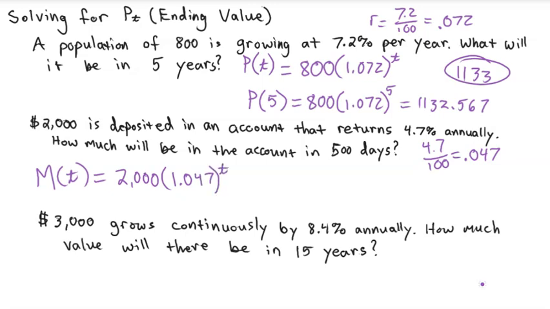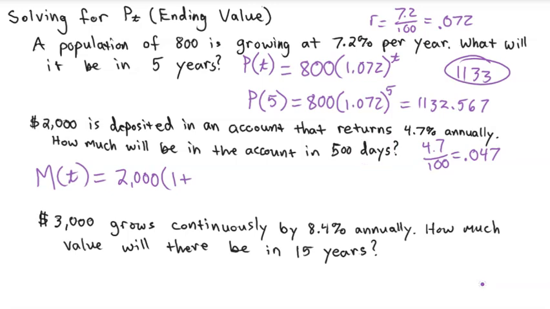And if we want to know how much money, sorry, I have to change this. This is 4.7% annually. This is asking for 500 days. So I got to go back. It's going to be 1 plus, watch this. We actually have to convert an annual rate into a daily rate.